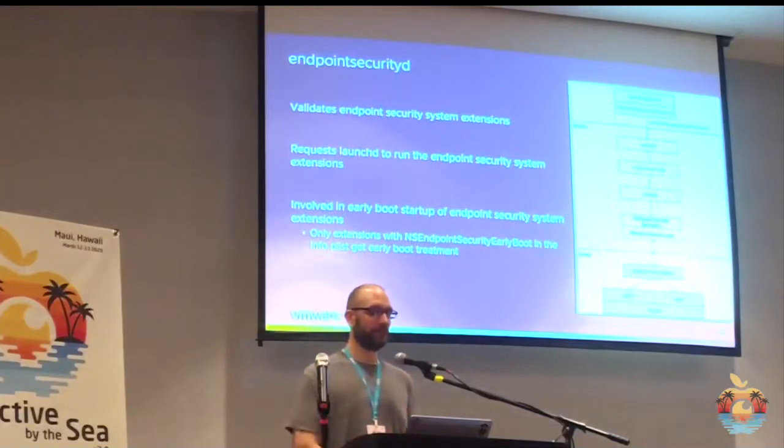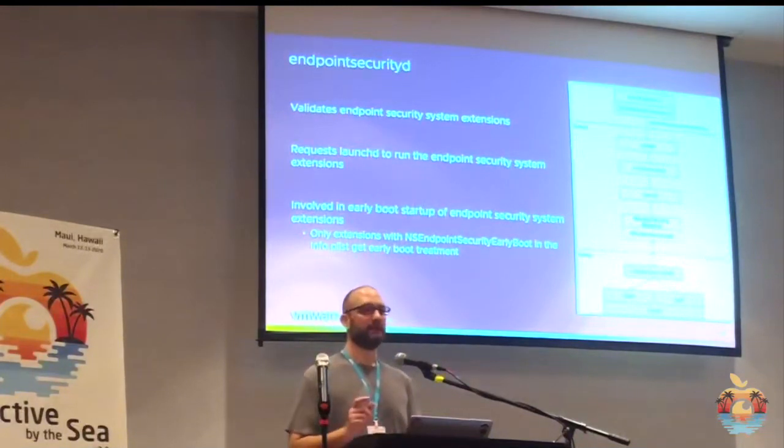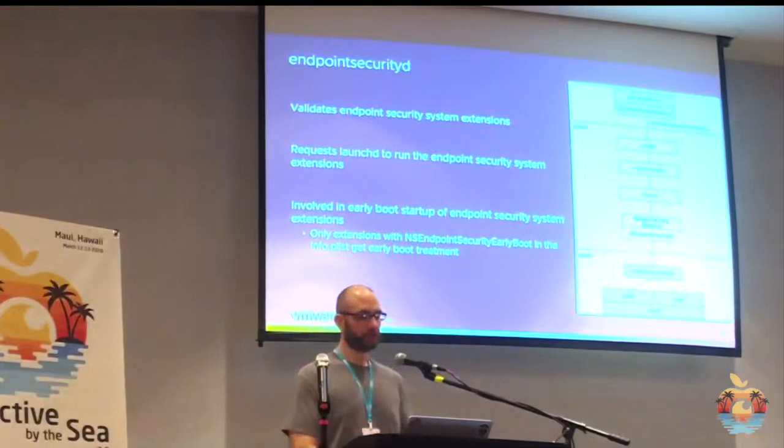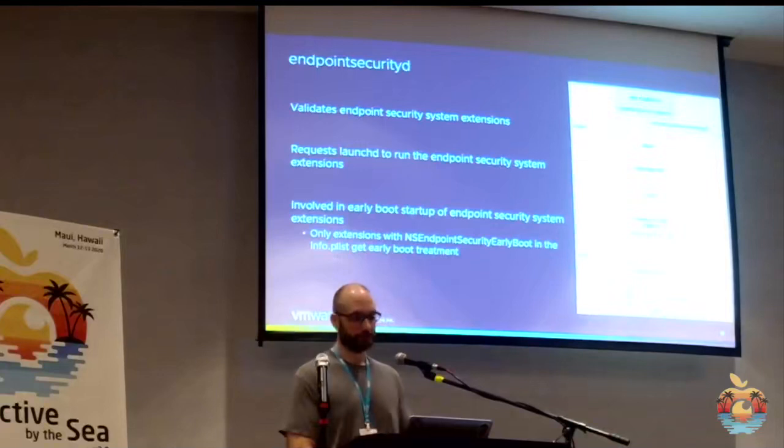In this case, Endpoint Security D is really there just to validate the endpoint security system extensions, as well as, since it itself has appropriate entitlements, to communicate with launchd to then run your system extension as a root daemon on the system. And then it is involved in early boot startup of endpoint security system extensions. You can set a flag in your Info.plist and essentially say, my endpoint security extension is so important that I need it to load earlier on in the boot cycle.